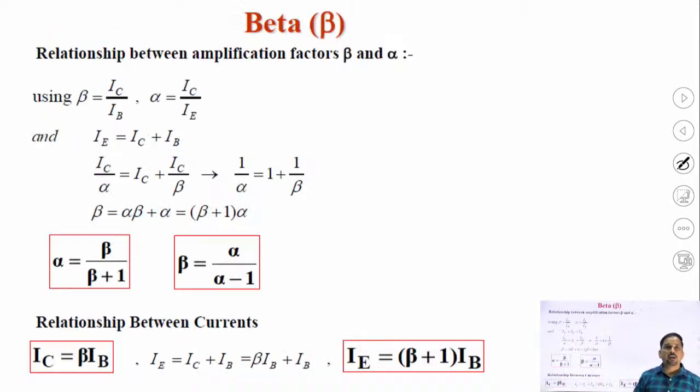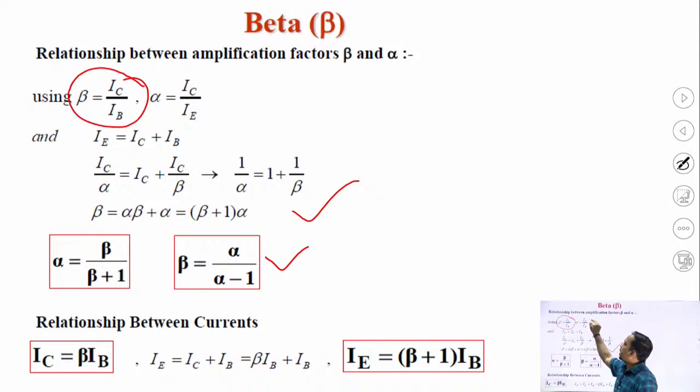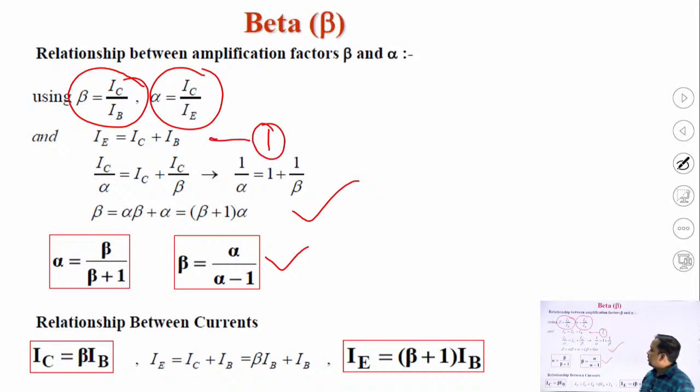Now we have a small derivation between alpha and beta. We can easily derive beta equals IC by IB and alpha equals IC by IE. By utilizing these equations, we have the relationship that alpha equals beta divided by 1 plus beta.